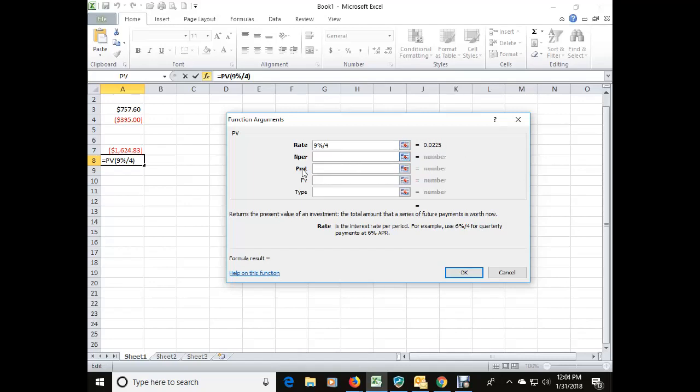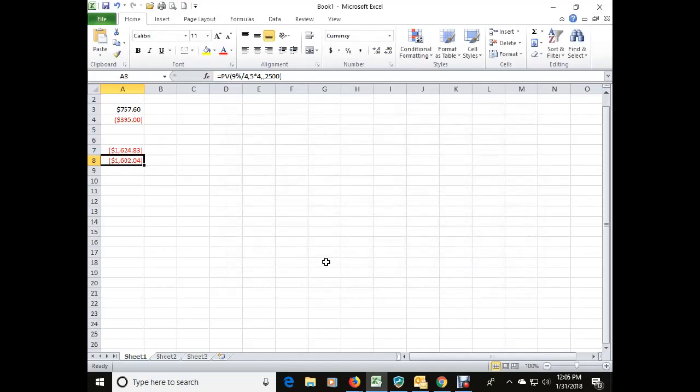You can see that off here to the right. Now the time period is 5 years, but that is quarterly, so now we have to multiply that times 4, which gives us 20 periods. Payment is still 0, and the future value is 2,500. So that gives us 1,602 as the answer.